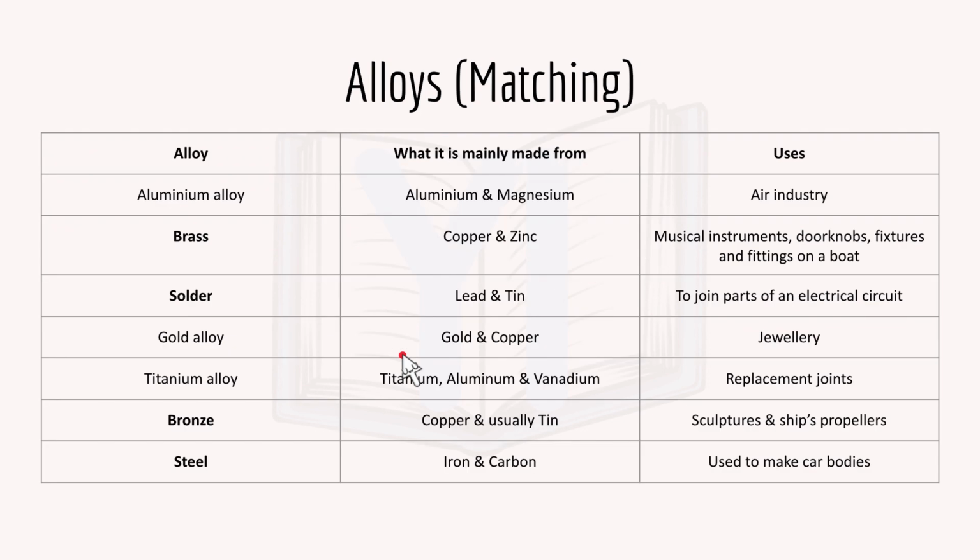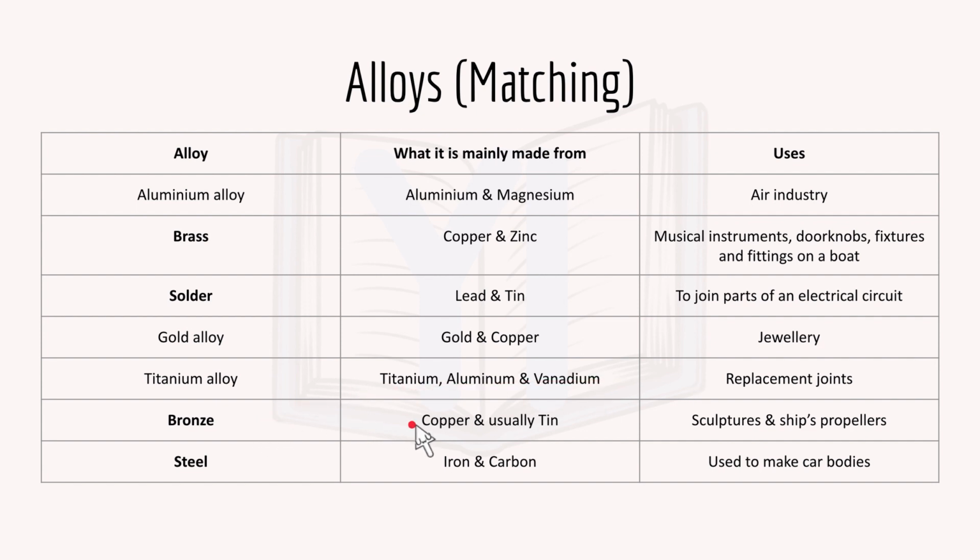Then lastly, we have matching. We have different alloys, what they're made from, and their uses. Aluminium alloy is made out of aluminium and magnesium and is used in the aircraft industry. Brass is copper and zinc, used for musical instruments. Solder is lead and tin, used to join parts of an electrical circuit. Gold alloy is gold and copper, used for jewellery. Titanium alloy is titanium, aluminium and vanadium, used for replacement joints.